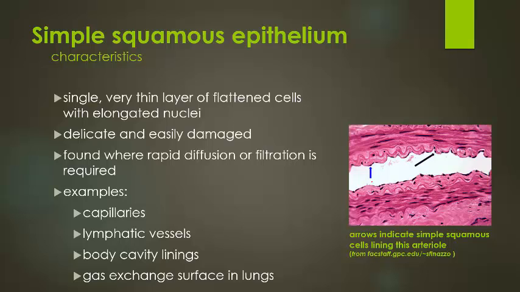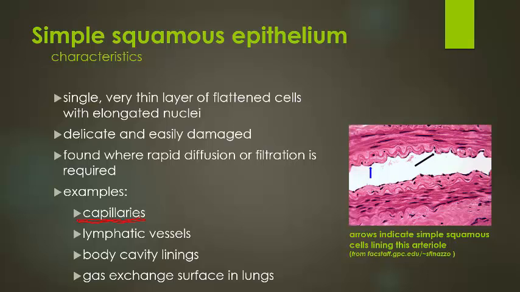So where do we find these simple squamous epithelia? They are actually the capillaries of our body. So capillaries are very thin, very delicate structures, and they are built of a simple squamous epithelium. Lymphatic vessels, the very smallest ones, called lymphatic capillaries, are also built of simple squamous epithelium.